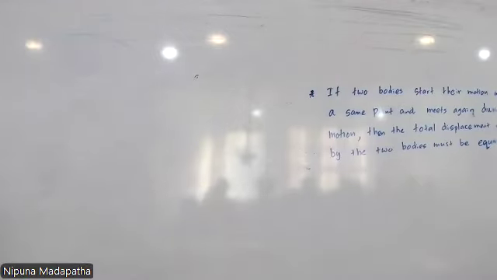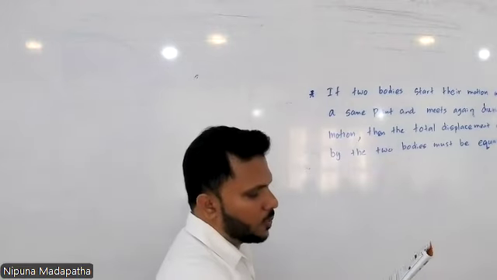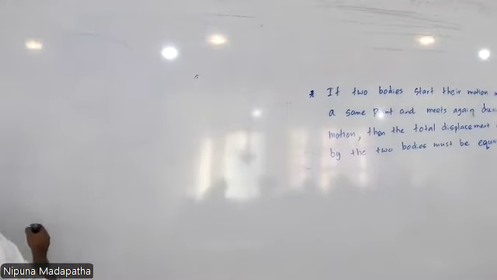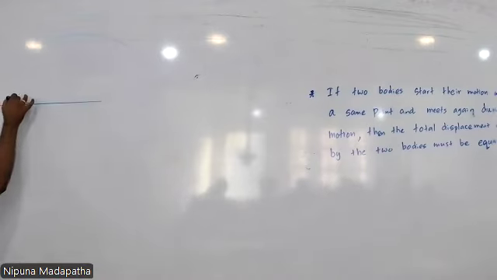A motor car and bus are stopped at the red light on a road. The motor car stopped 100 meters behind the bus. So there is a motor car and a bus stopped at the red light on a road.